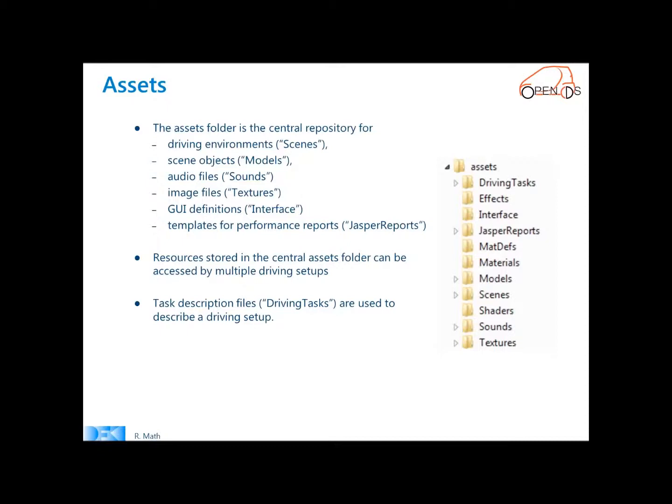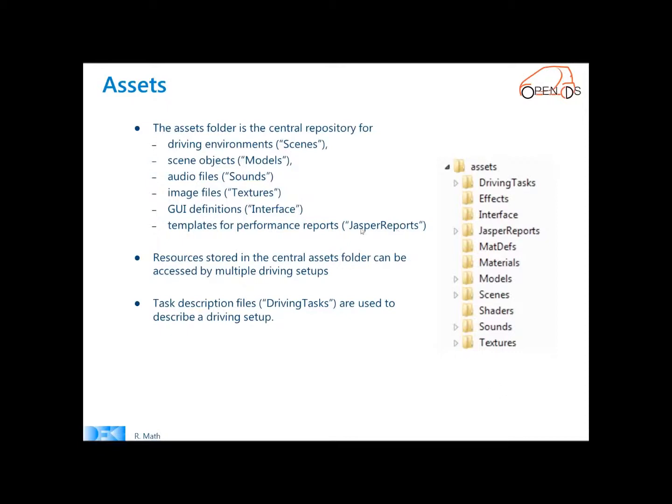Sounds is self-explanatory. Store there some audio files if needed. You can also store custom files that you want to play back while driving. We have a folder for textures. The interface folder, where we have definitions of how our graphical user interfaces look. For example, as we started the simulator 5 minutes ago, there was this driving task selection graphical user interface, and this is also structured as an XML description of how this interface looks, and this is stored in the interface folder.